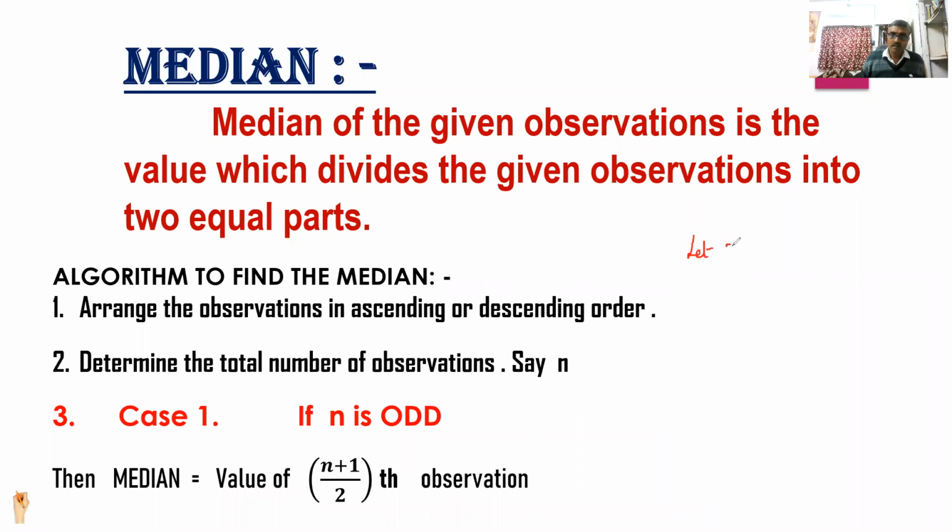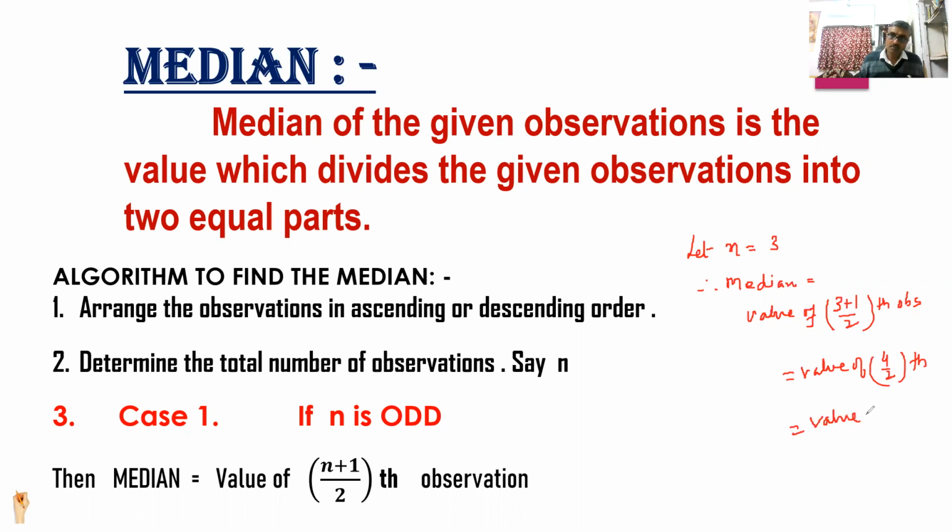Let us take an example. Let the number of terms be 3. Therefore, median is equal to what? Value of the (3 plus 1) by 2th term observation. That is value of 4 by 2th. 3 plus 1 क्या होता है? 4 by 2. अब 4 को 2 से डिवाइड करो तो क्या बनेगा?